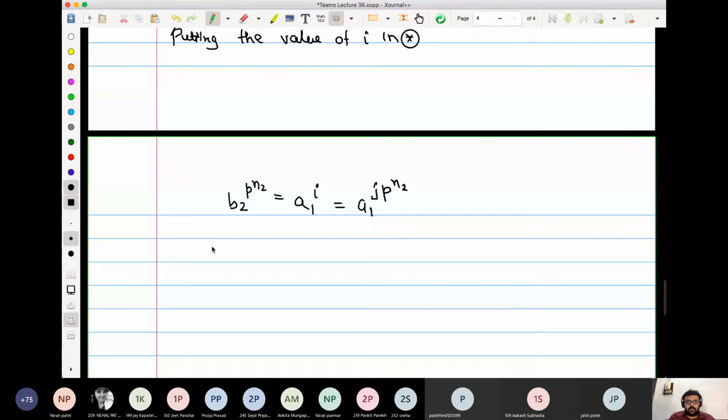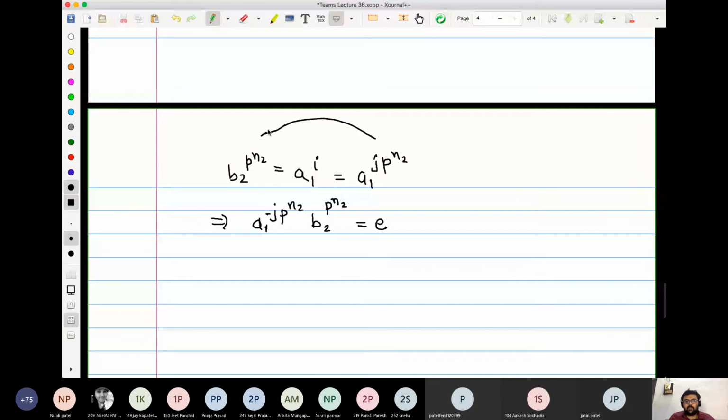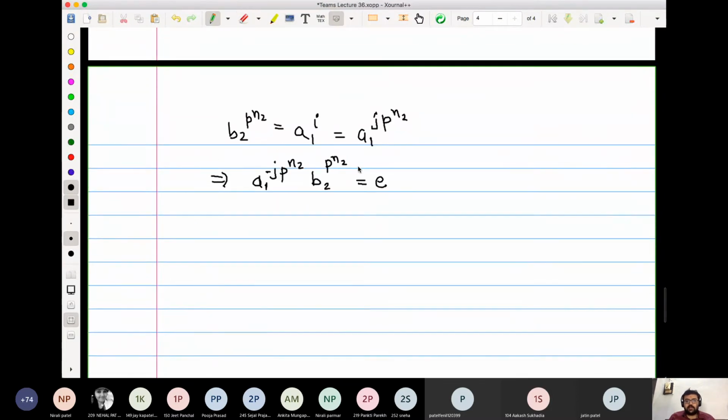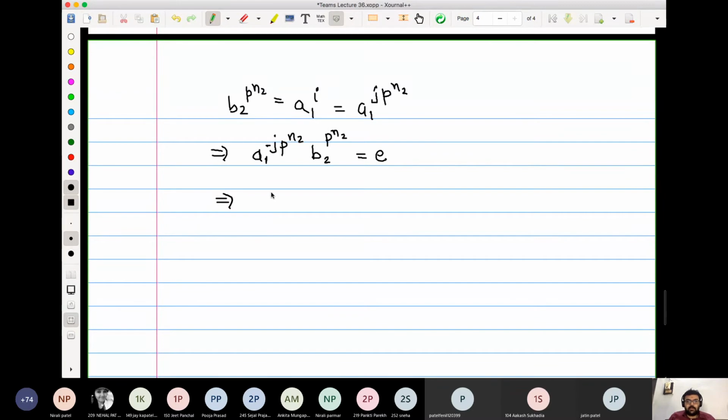So multiply by the inverse. This implies A1 power minus J P power N2 and B2 power P power N2 equals identity. So I brought the right hand side to this side, which gives identity on the right hand side. But then this has the common power P power N2. So this is A1 power minus J B2, and the whole is raised to P power N2, because it is an abelian group, so xy power n we can write as x power n y power n.